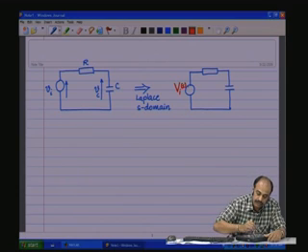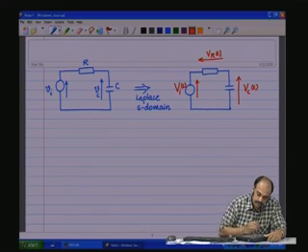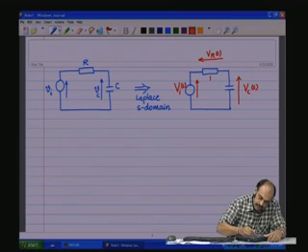Now, they are functions of S. Vi is a function of S, Vc is also a function of S, and Vr will also be a function of S. R is the parameter and the capacitive reactance in the S domain is given by 1 by sC.